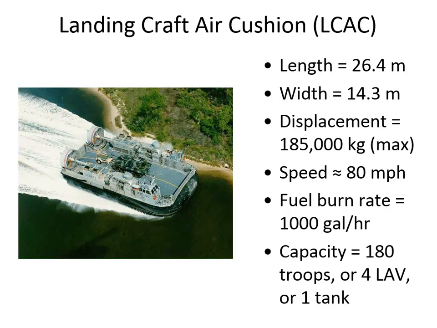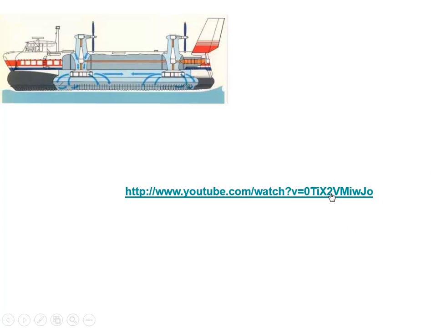I was up at the Tri-State Airport a couple of months ago, and they have a flight operations office off the main building there, and they were charging something like $6 a gallon for jet fuel at that point. So if you think about it, it's $6,000 per hour that you're spending to run one of those things. But when you need to take a tank inshore at 80 miles per hour, then it's your best option, I guess. So it's interesting from a fluid mechanics standpoint as well. Let's take a look at this video, and then we'll talk about the way that the LCAC operates.